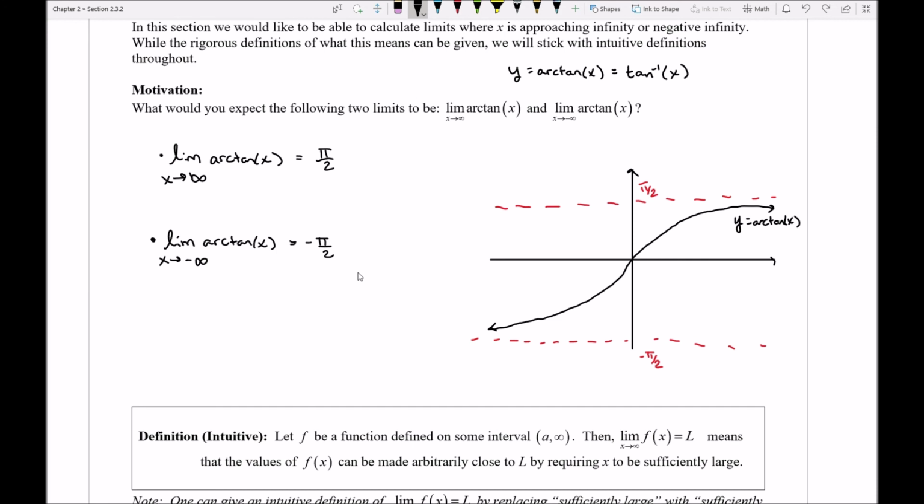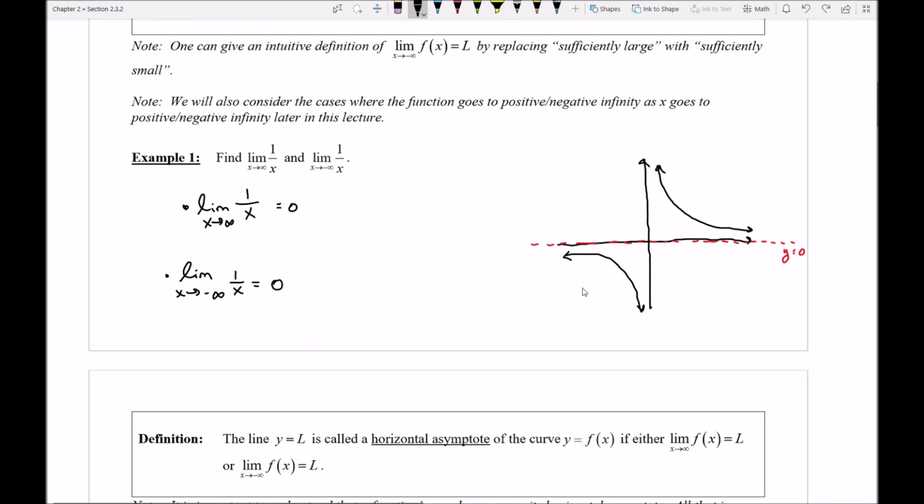So what we have here is a great way to determine horizontal asymptotes of any graph that we want. We would just check the limit as we go towards one side and the limit as we go towards the other side. What this means is that ultimately we have three choices for the number of horizontal asymptotes that we might come up with. It's possible, as we see here, that I might end up with two horizontal asymptotes, one as I go in one direction and one as I go in the other.